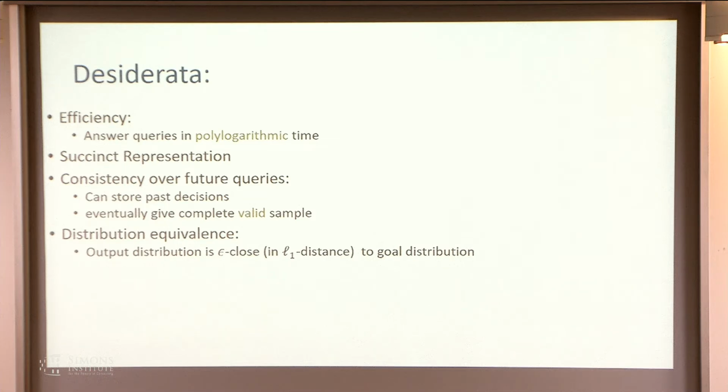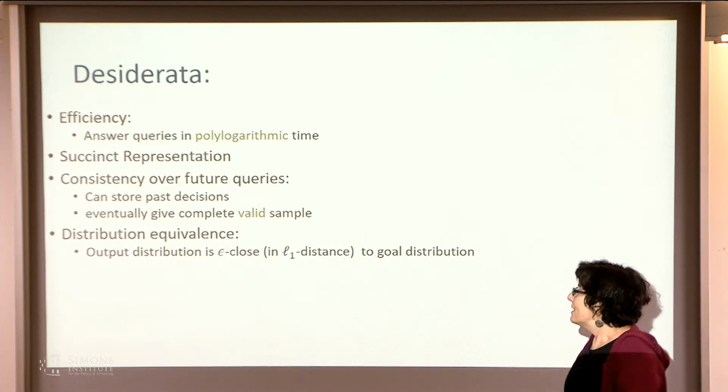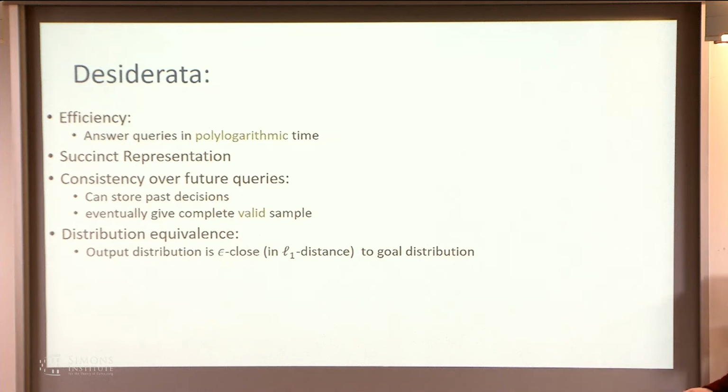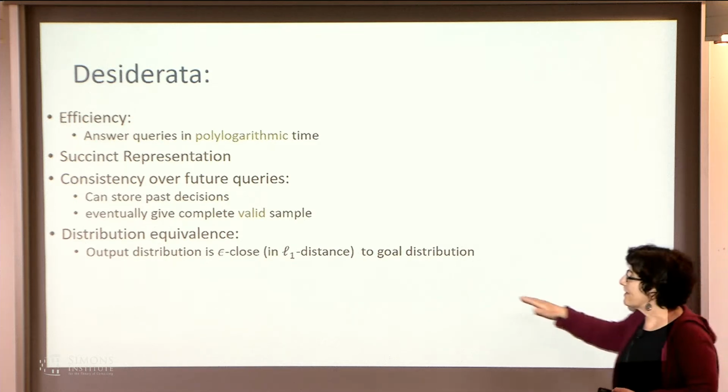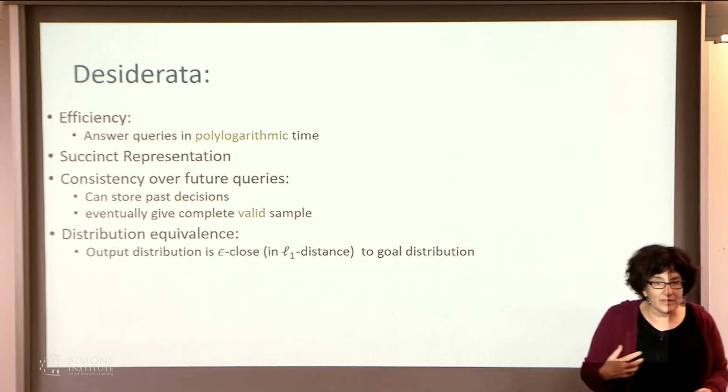I'd like a succinct representation, in the sense that if we have a degree d regular graph, I don't want to use n squared bits to describe it. We'd like to be consistent over future queries, so we do allow storing past decisions, but eventually you need to give a valid sample. And we'd like distribution equivalence: that we output something that's epsilon close in L1 distance to the goal distribution.